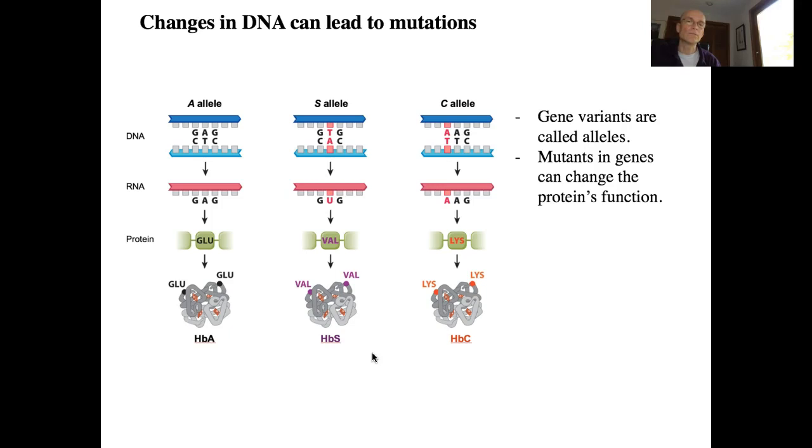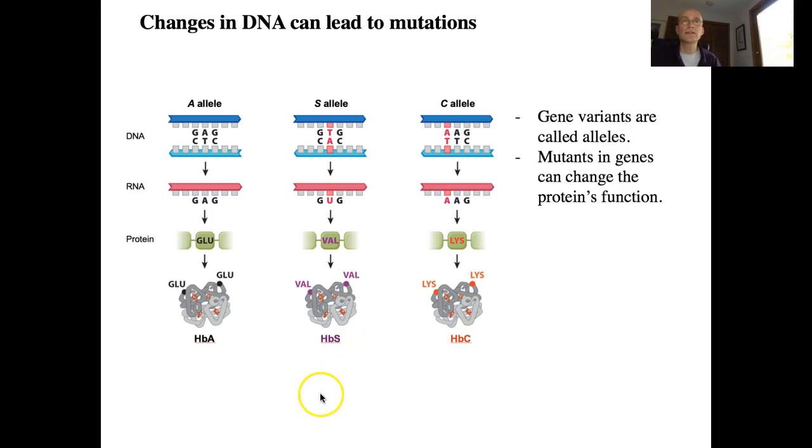resistance to another disease, to malaria. So people with this particular allele, the S or the C allele, are more resistant to malaria than people with the A allele. Yes, they have problems with the blood, but they potentially have an advantage because they're not getting infected with malaria.